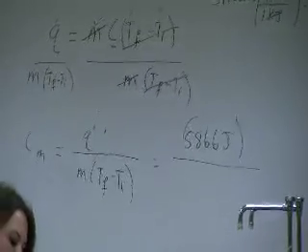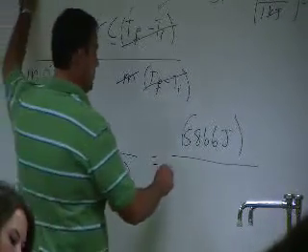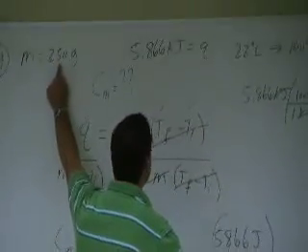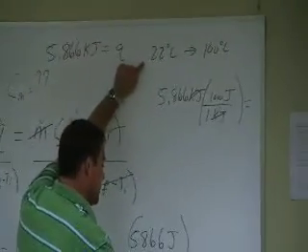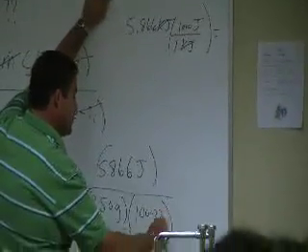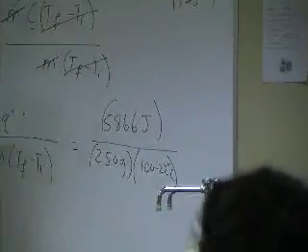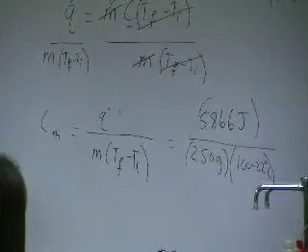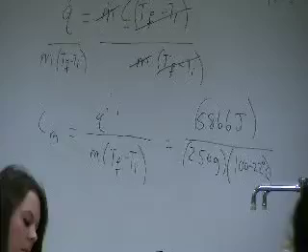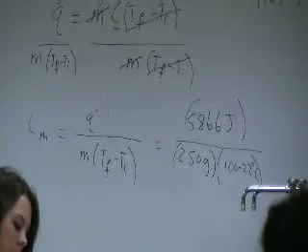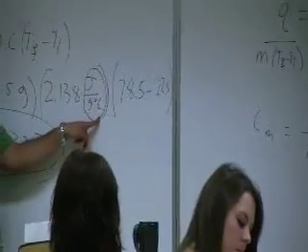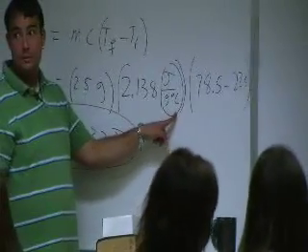What is my mass? 250 grams. My temperature change is 100 minus 22 degrees centigrade. So what unit am I in now? I'm in joules per gram degree centigrade. Do you think we did the algebra right?